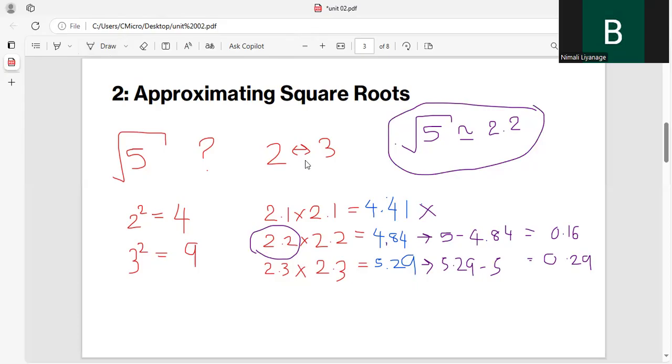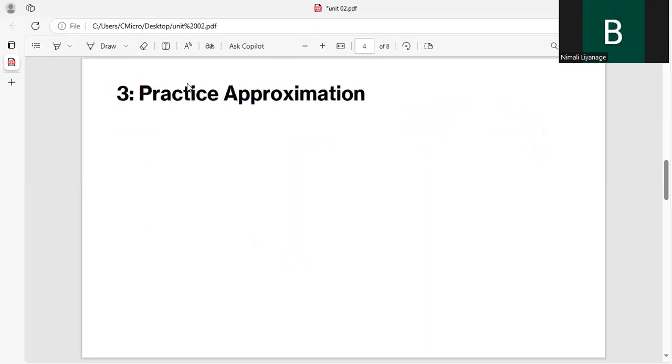Let's try another example. I'm moving to the next subtopic: practice approximation. Question 17: what is the square root of 17?